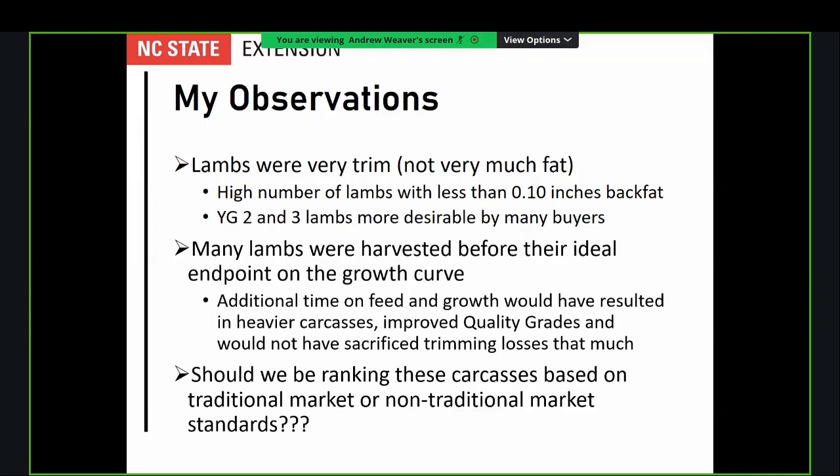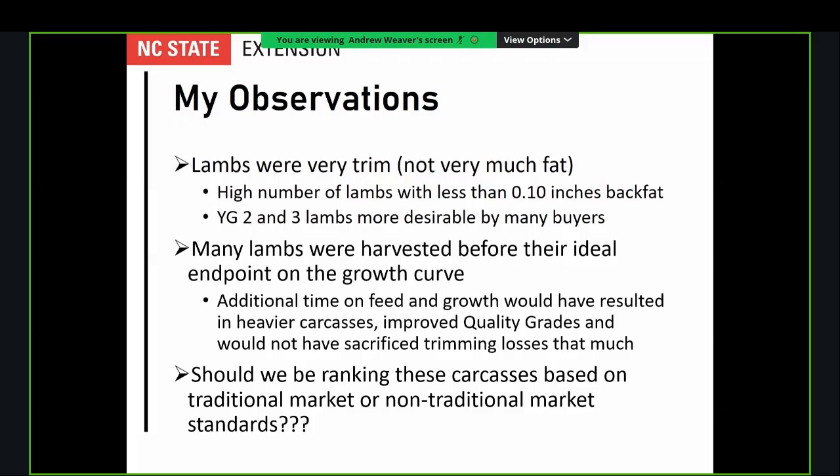So, based off of the dressing percentage, knowing that Dorpers are very early maturing, how would we direct our commercial breeders to identify where that perfect sweet spot is on the market?